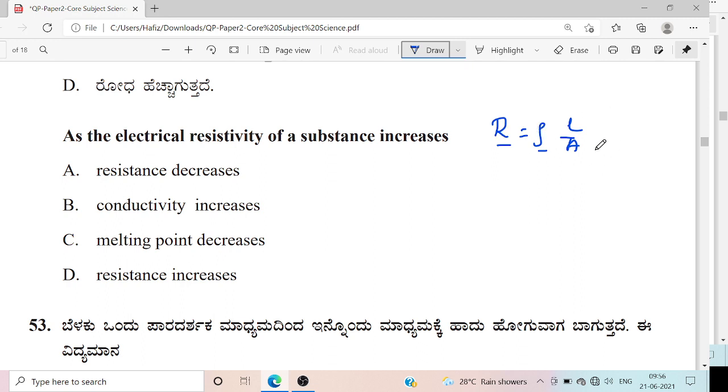Even if we solve the equation for resistivity, that is RA by L equals rho, resistance and rho, that is resistivity, are in direct proportion when the other two are constant. So as the resistivity increases, resistance also increases, since they have a direct relation. So option D is the correct answer for it.